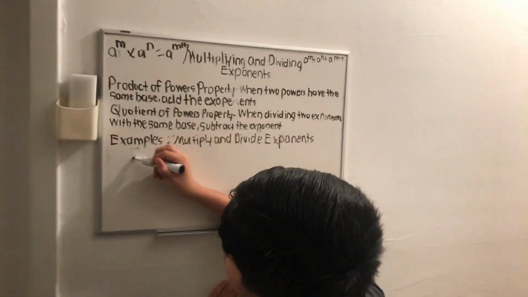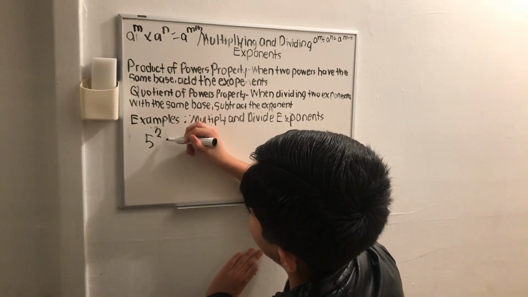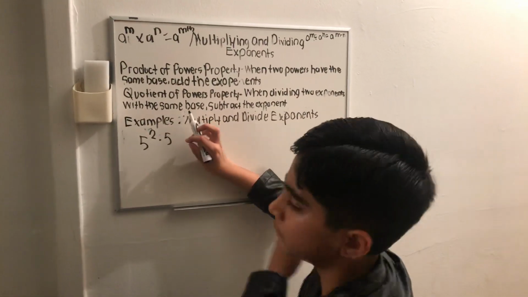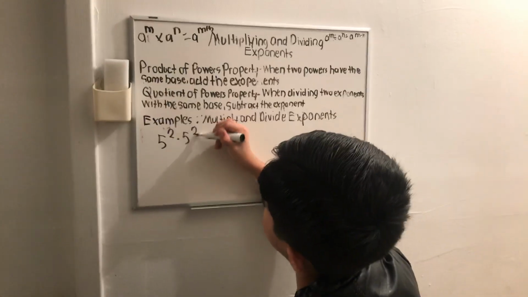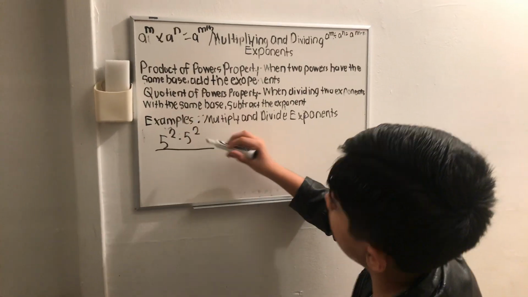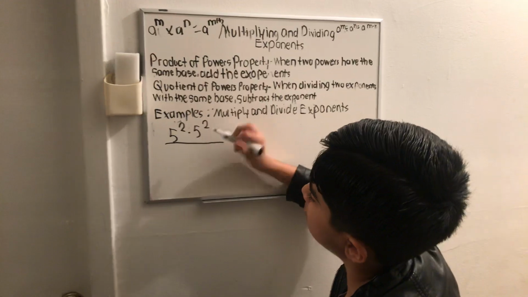So let's do 5 to the 2nd power times 5 to the 2nd power, identical exponents, over, so I'm incorporating multiplying exponents into this, and this is the numerator.